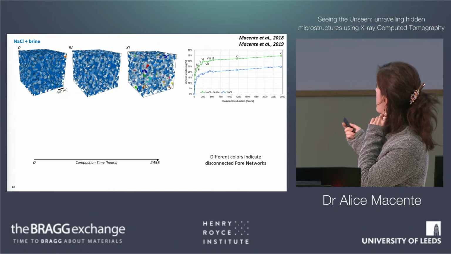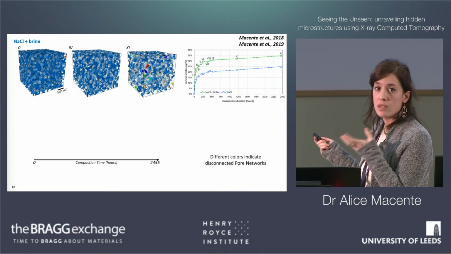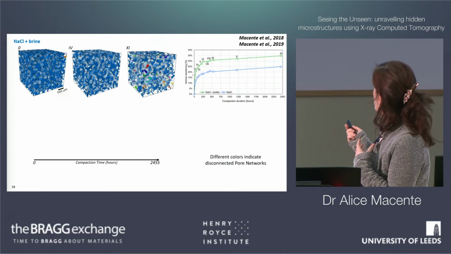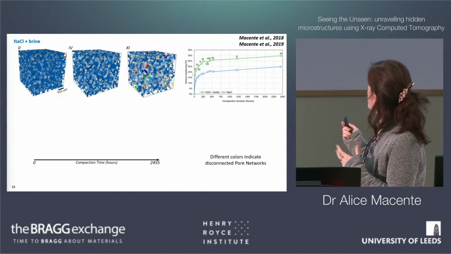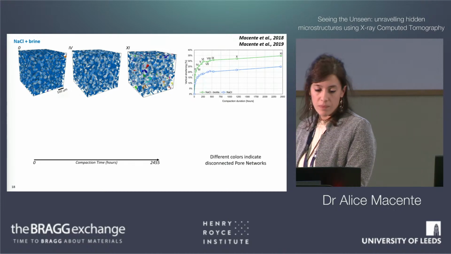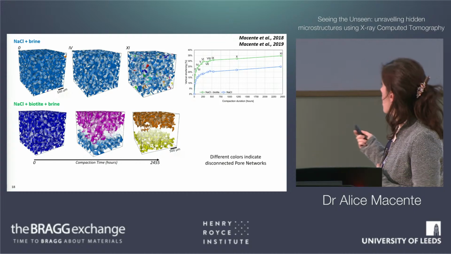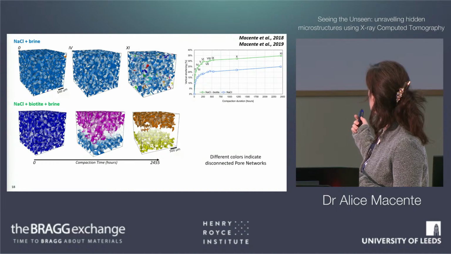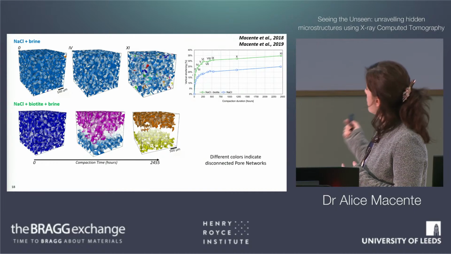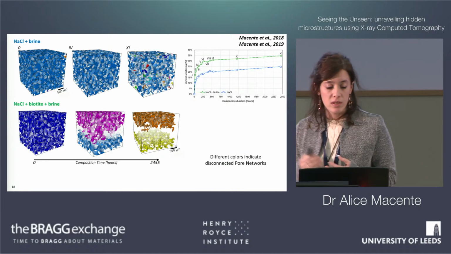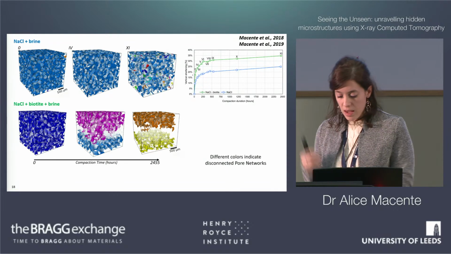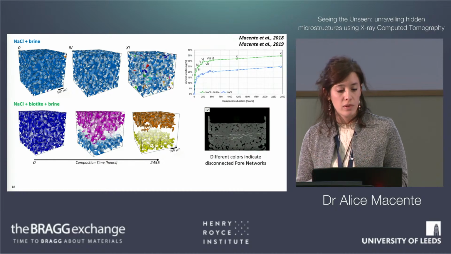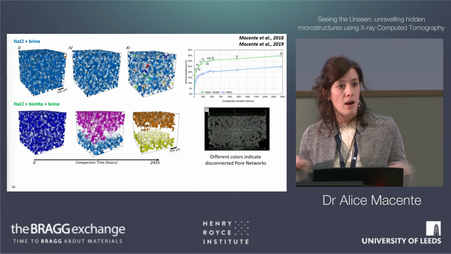The presence of mainly blue color indicates that the porosity remains pretty much connected over time, and only disconnects towards the end, but with very minor effects. But when we look at the second sample where we have the biotite, we can see that already halfway through this experiment, about here, the pore connectivity is greatly disconnected. And that is because these phyllosilicates not only accelerate the process, but they can really create a barrier to fluid flow.